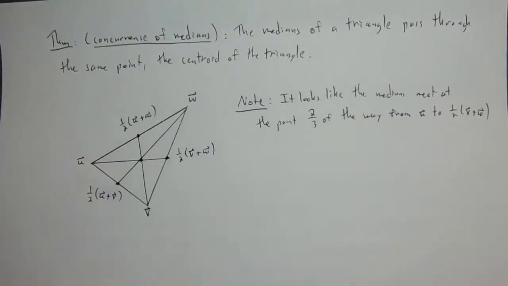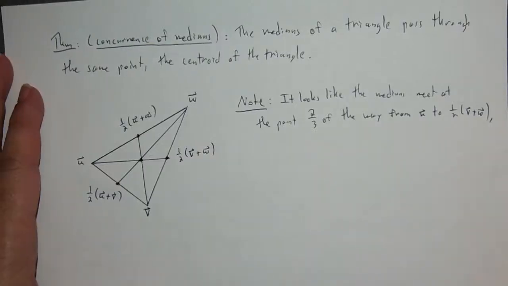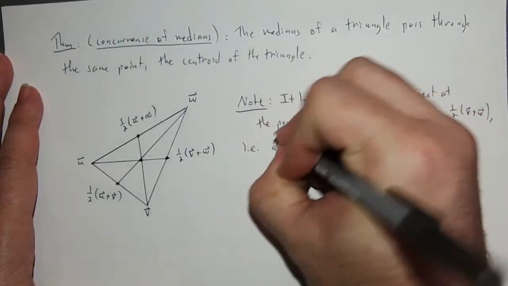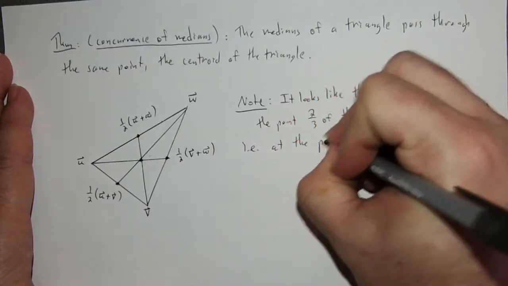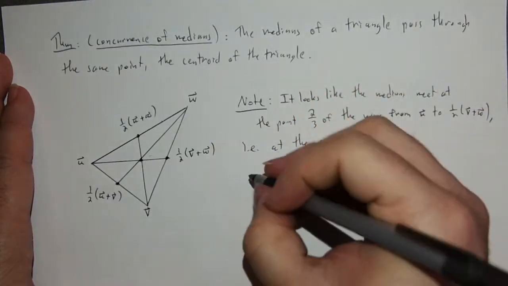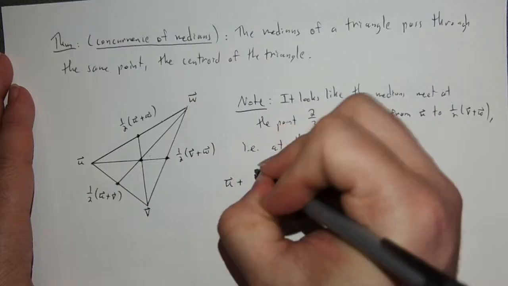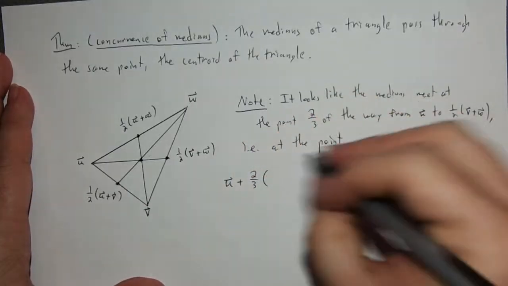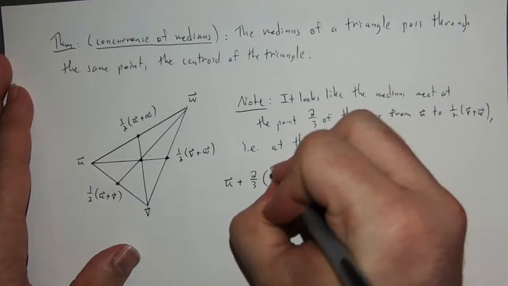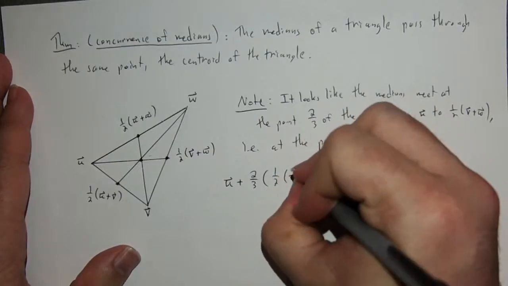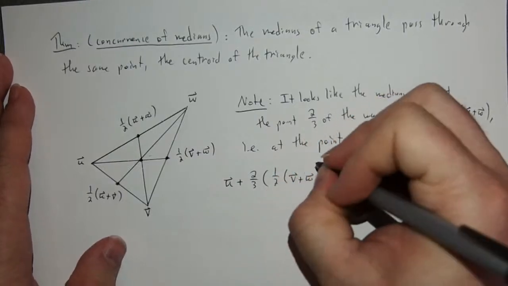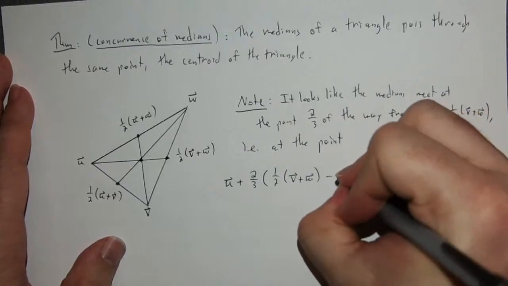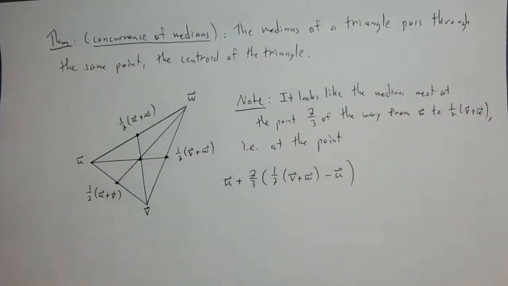Okay, and so what this would mean, i.e., at the point U plus 2/3 times 1/2 V plus W minus U. Okay.